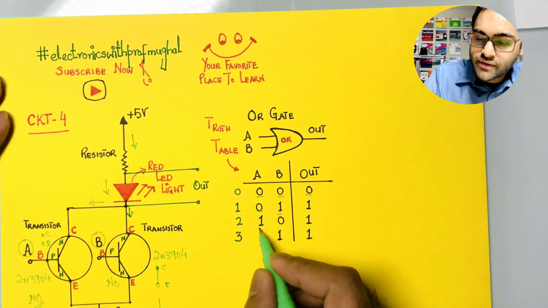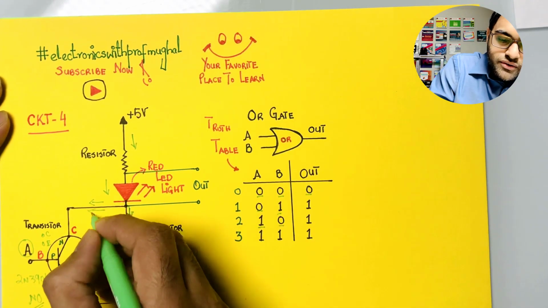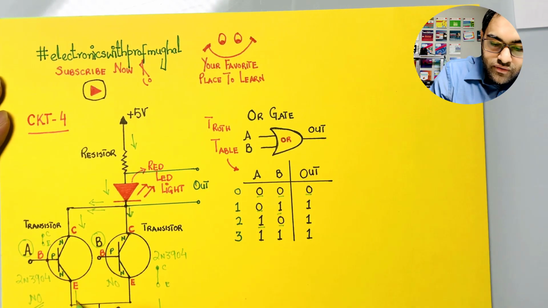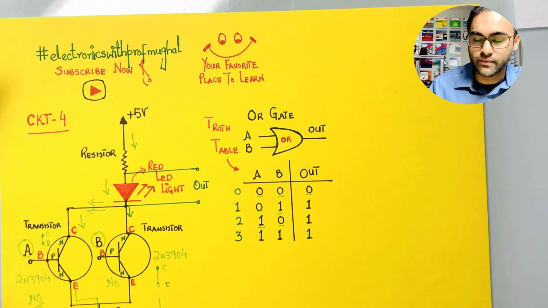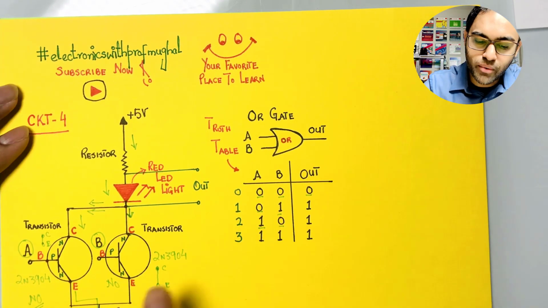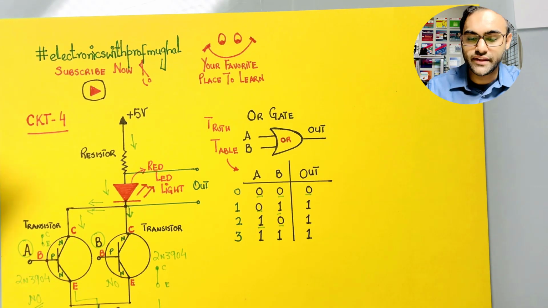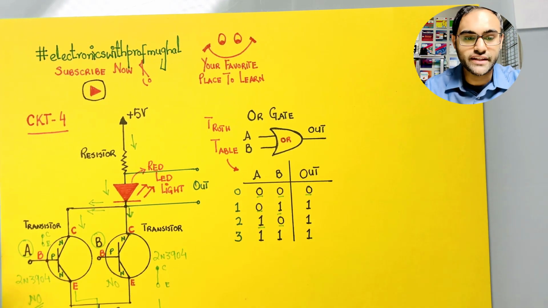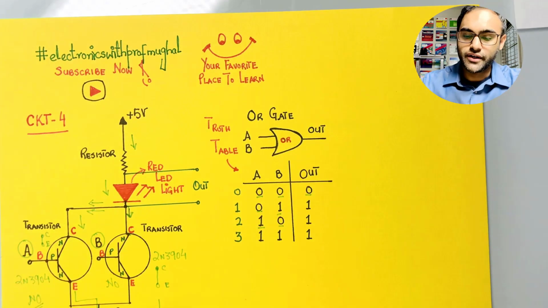If I do the reverse, A is 1, B is 0, current will take this route, go all the way to the collector, make a connection between the collector and emitter, and connect to the ground, completing the circuit, and the LED will turn on. And if I have both of the transistors turned on as switches, then current will have two routes and can take either one of them, completing the circuit, and hence the LED will turn on.